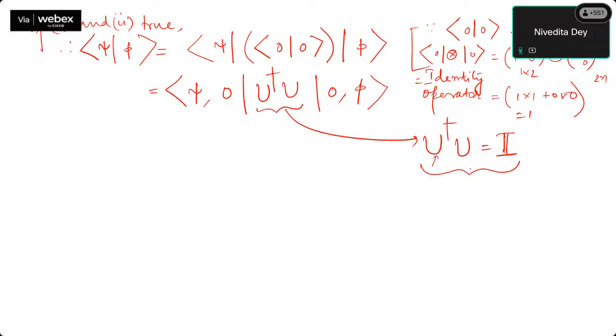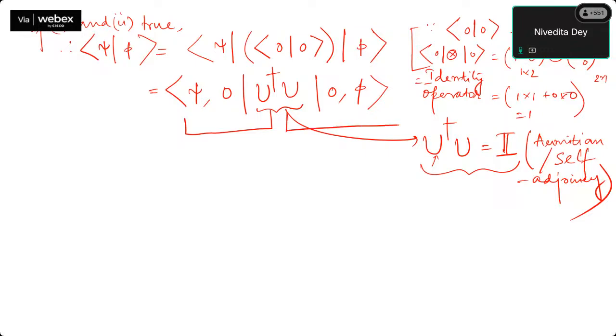So U dagger U is also I because of the Hermitian or self-adjoint logic. Now once we have done that, let me take this together and this together. It can be written as this, and this can be written as phi, and this is only phi.